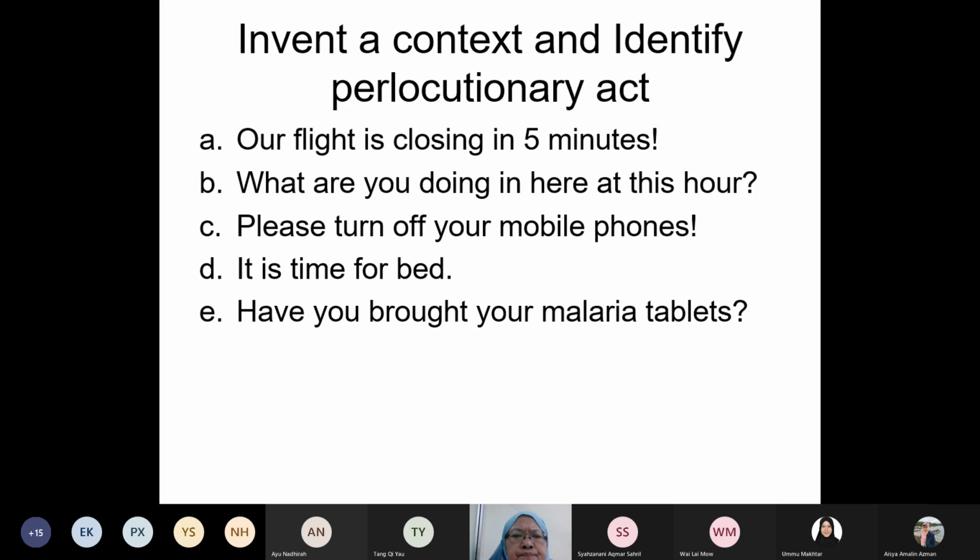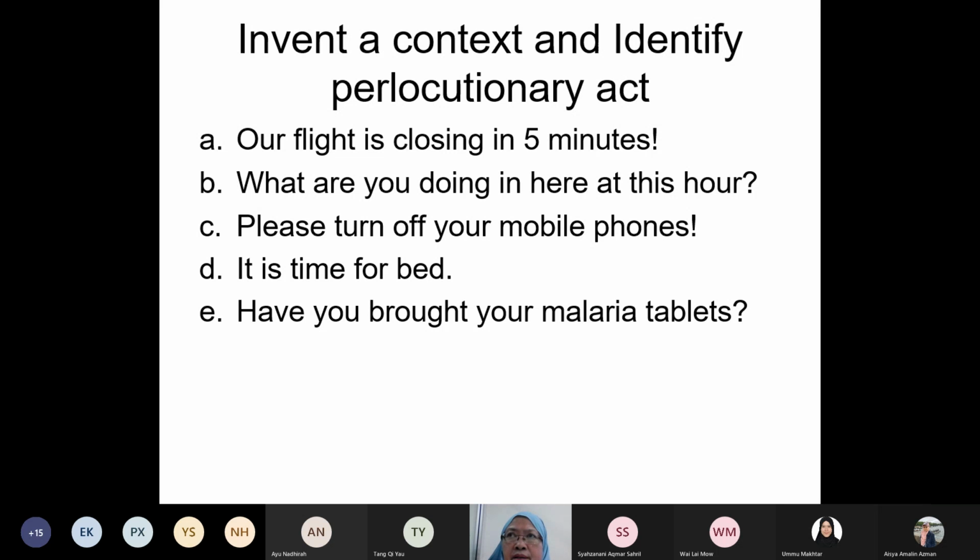Okay, so let's say I saw someone on campus at 5 o'clock in the morning, at the lecture hall, not at the dorm. So I say, what are you doing in here at this hour? I'm actually curious to know. And it can also be that I'm reprimanding a student.